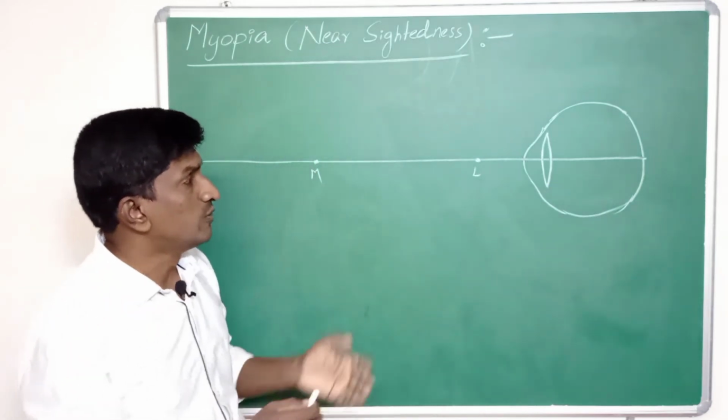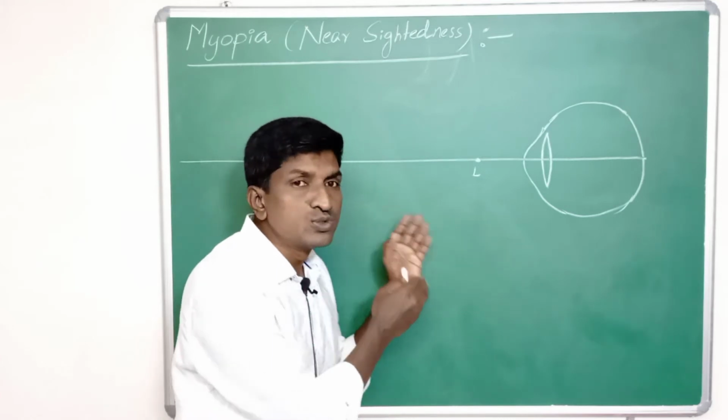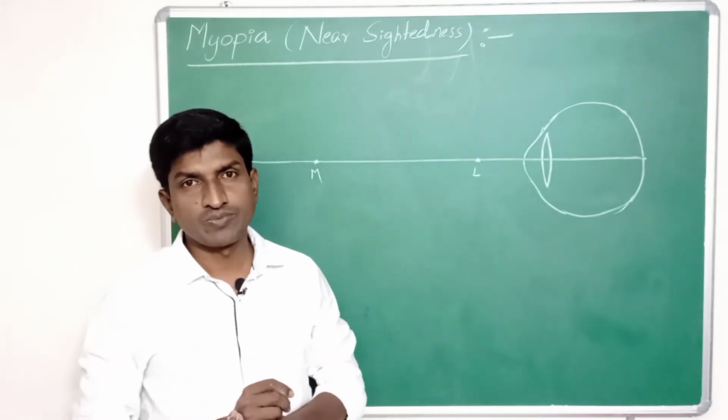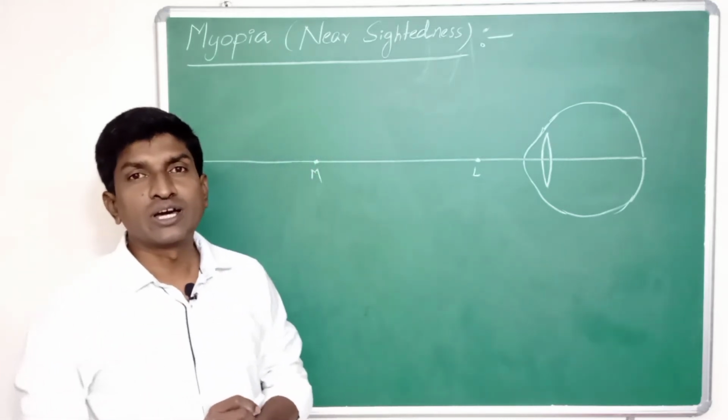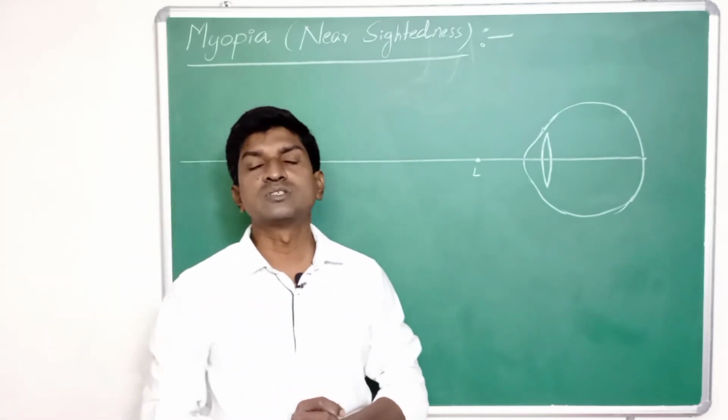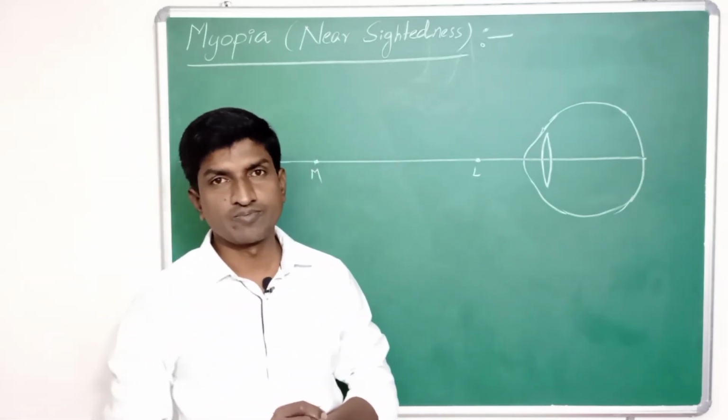Then which lens is used to correct this? To correct myopia, we use a biconcave lens.